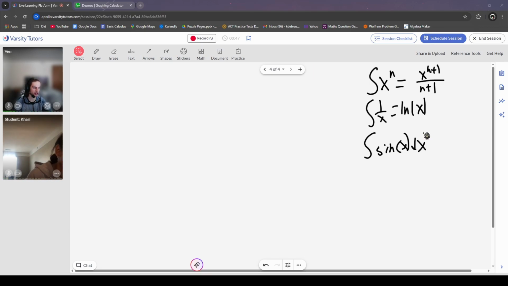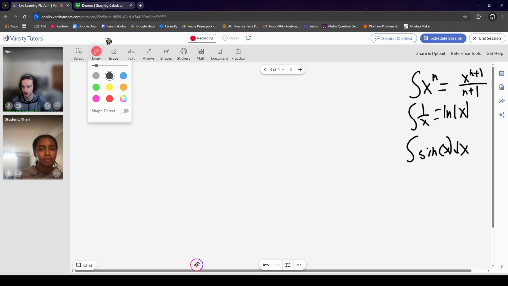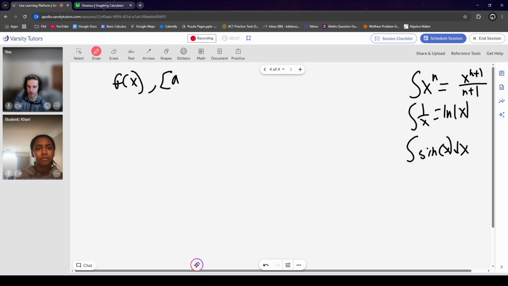Sure. So the mean value theorem is very similar to what we've been doing so far. If we have a function on the interval a to b, then the integral of this function is the integral from a to b of f of x dx. Good so far? Uh-huh.